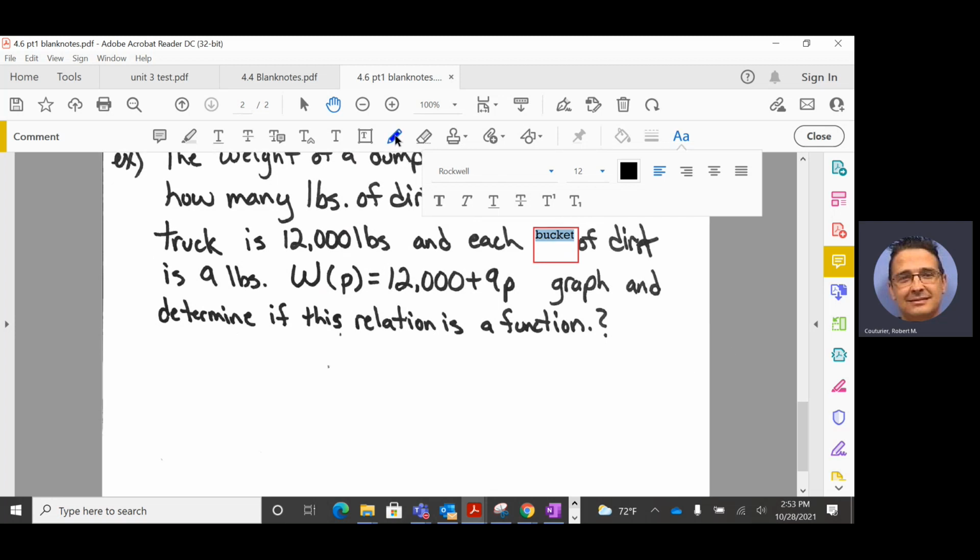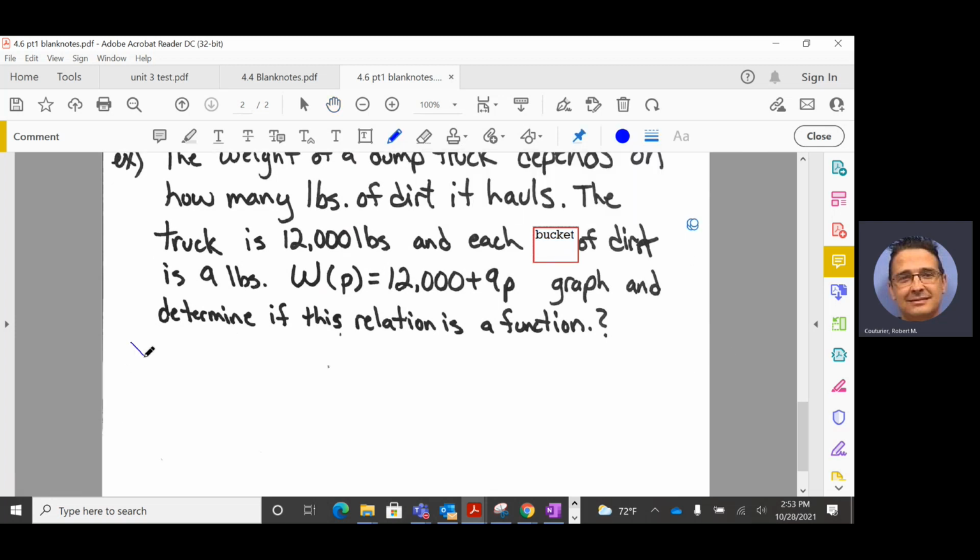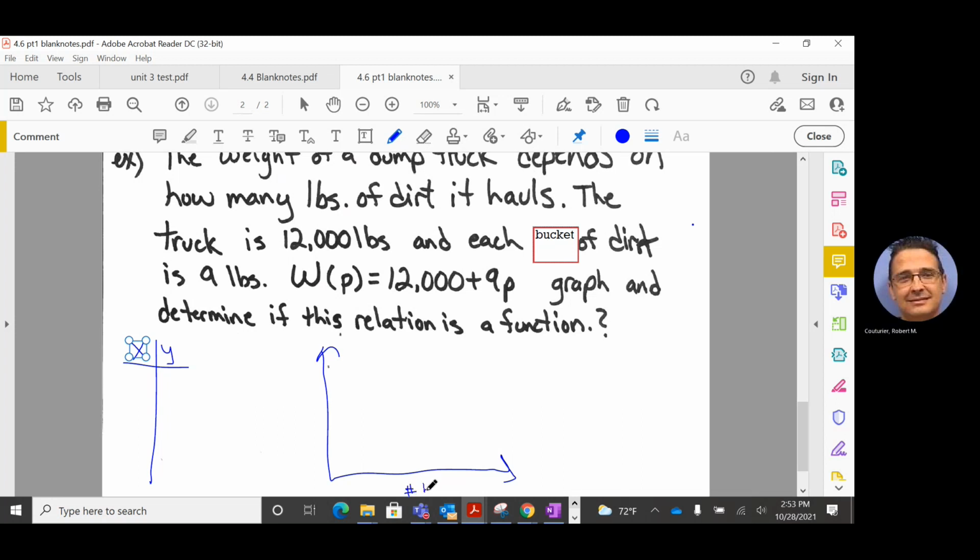All right, so I guess what we're going to need to start off with first is a little T-chart, right? This is the number of buckets of dirt, and this is the weight in pounds.